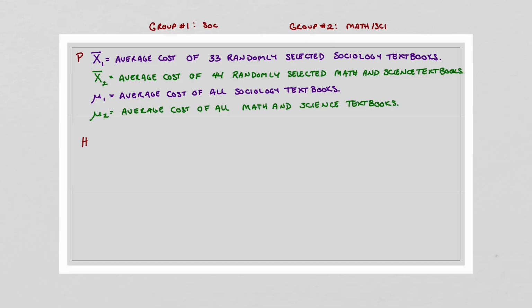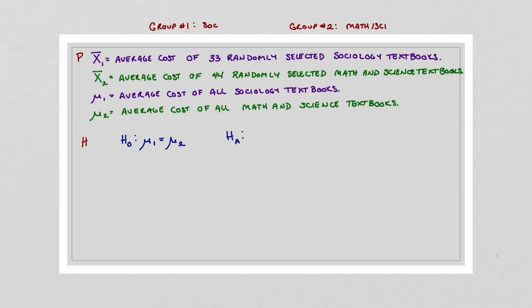Now we can talk about our hypotheses. So our null, we're saying that there is no difference between the average costs of these two groups, or these two subjects. So mu sub 1 is equal to mu sub 2. Our alternative is where we kind of bring in that seed of doubt. So this is where we're asking ourselves, am I doing a left tail, right tail, or two tail test?